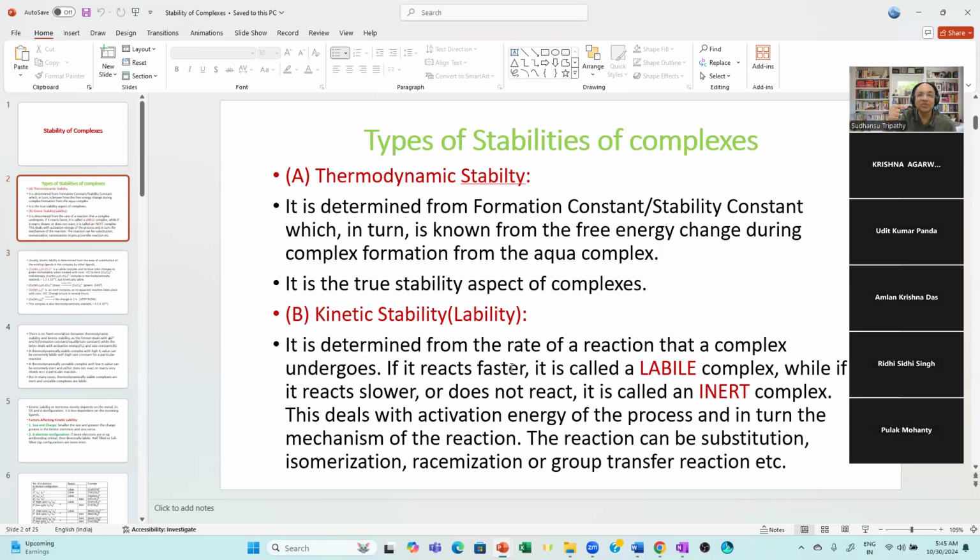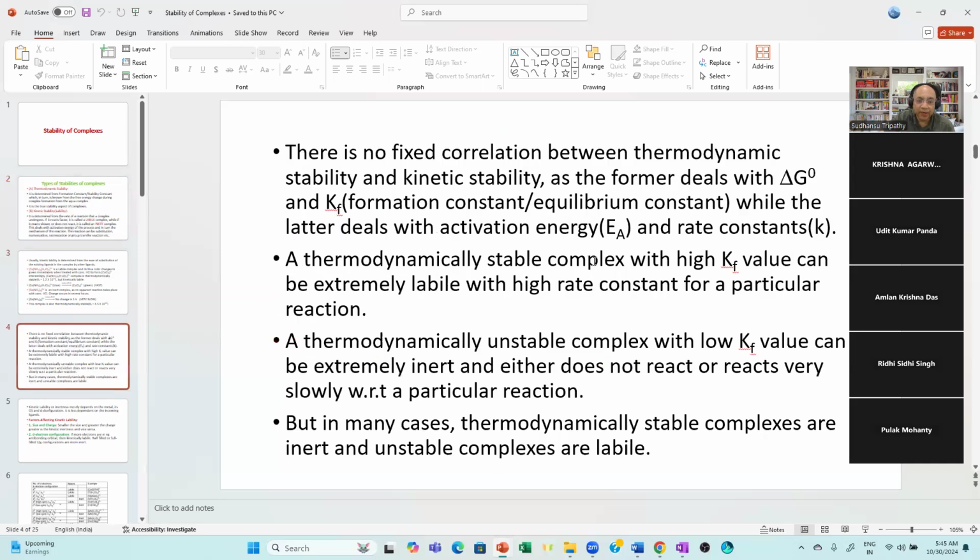And the number of d electrons, where it is, how many, t2g, whether it is symmetrical, or eg set, whether there is some unpaired. These things are taken into consideration. But thermodynamic stability takes into account both the metal ion factor as well as the ligand factor. So let us first study the points.